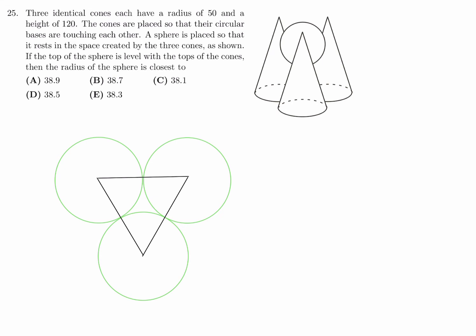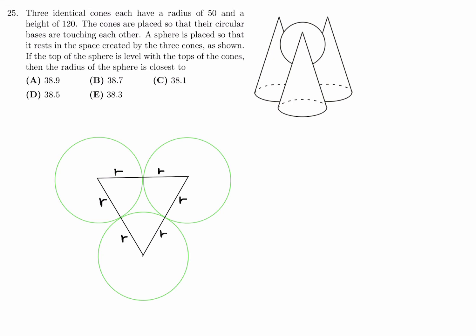And these circles are all identical, and therefore, the distance from the centers are also identical, because this is the radius, and so on, right? So this is an equilateral triangle, and that represents the center of this diagram.